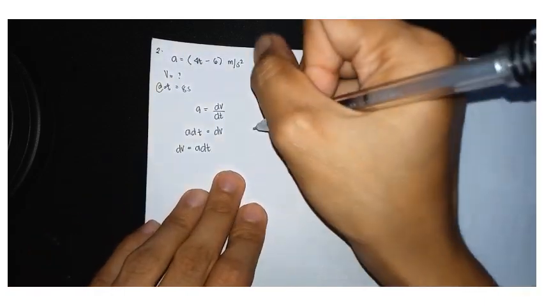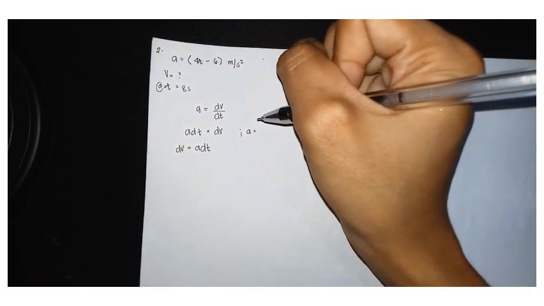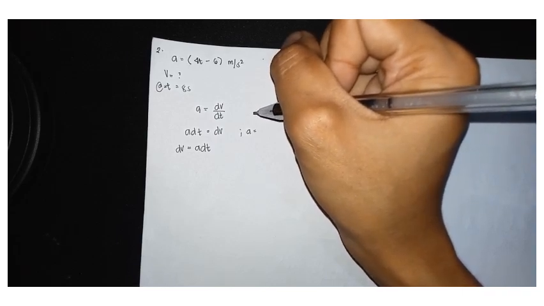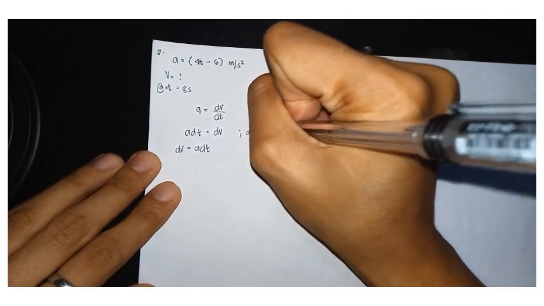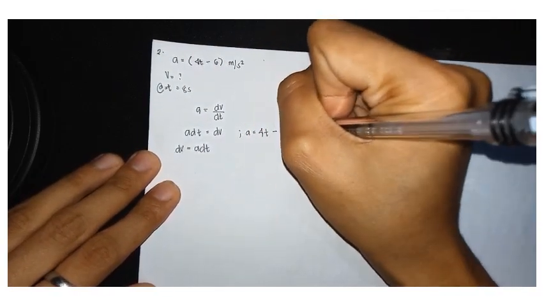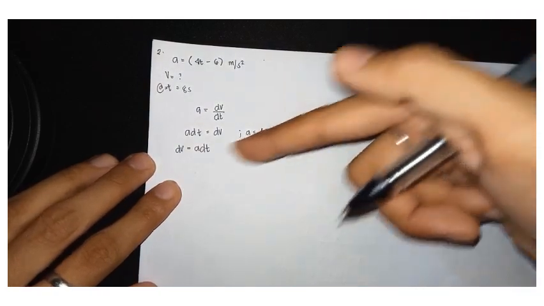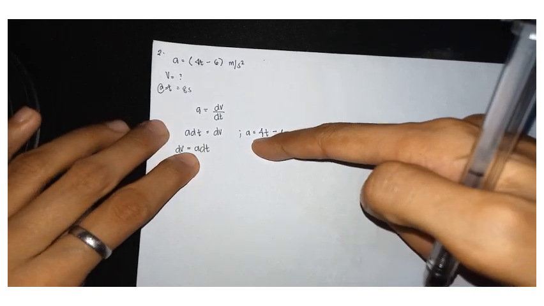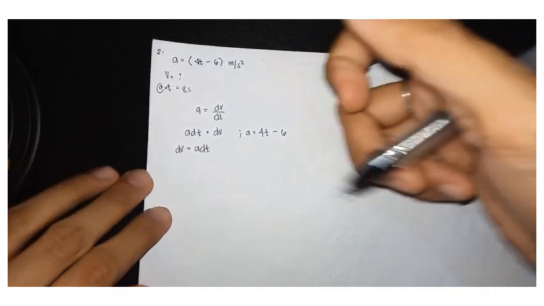Since the acceleration a is equal to 40 minus 6t, we can substitute the acceleration here since it is a function of time.